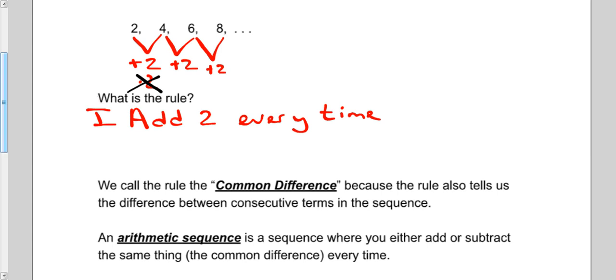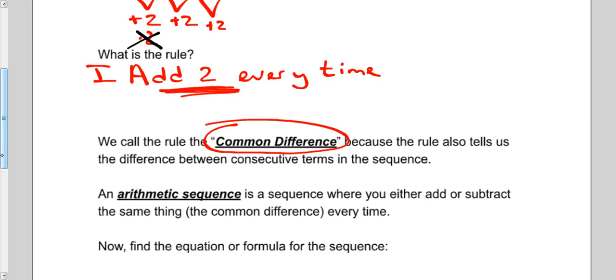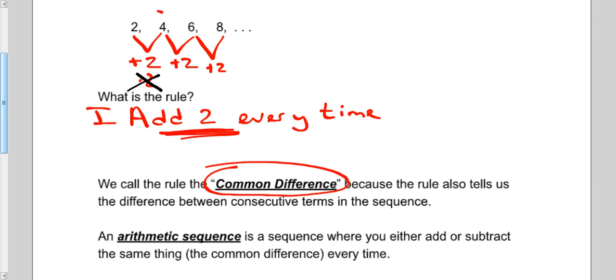Now, a couple of terms. First of all, the rule, the adding 2. That is called the common difference. We call it the common difference because what is the difference between 2 and 4? To find the common difference, we take 4 and we minus 2, and I get 2. You see that? And if I take 6 and minus 4, I get 2, right?